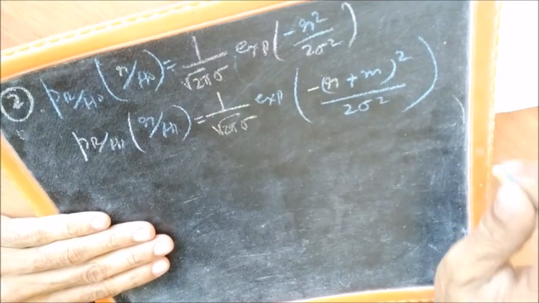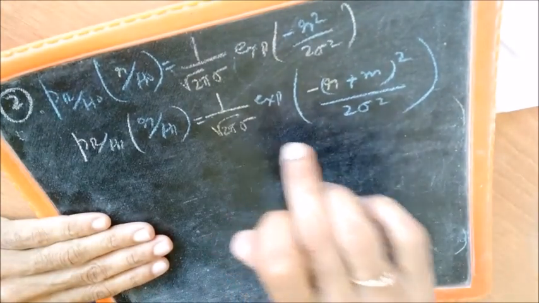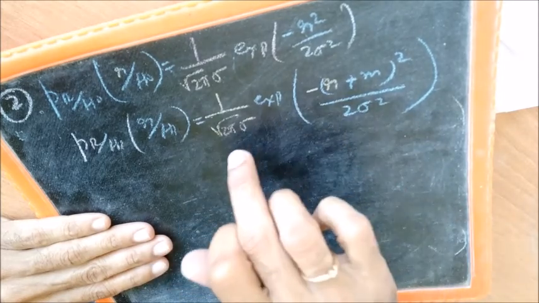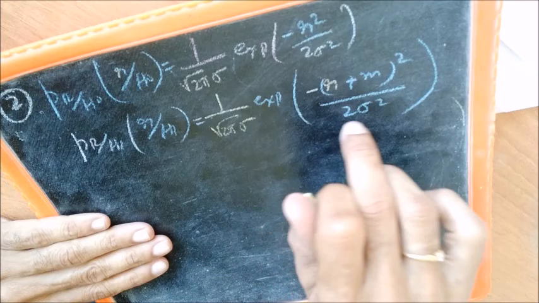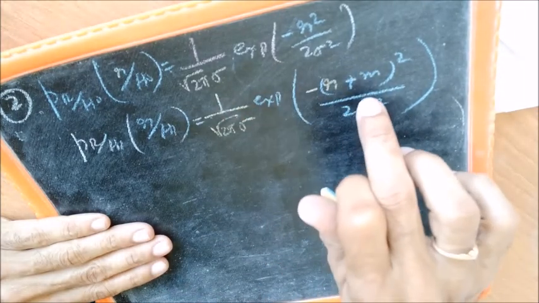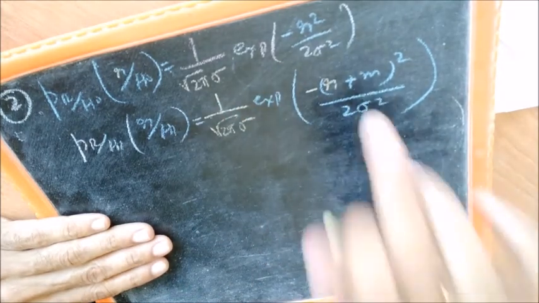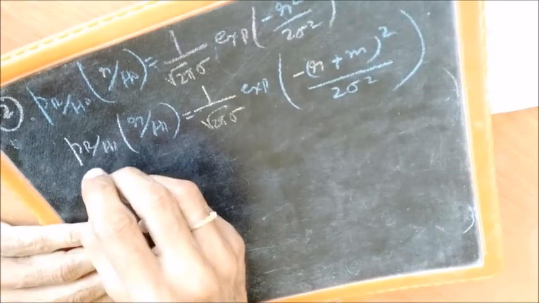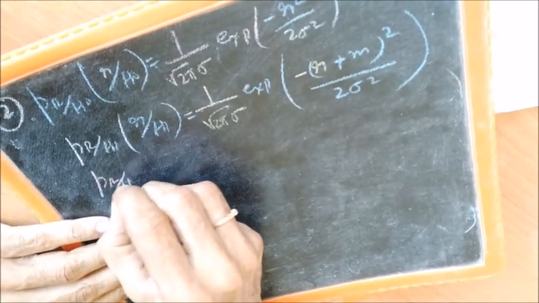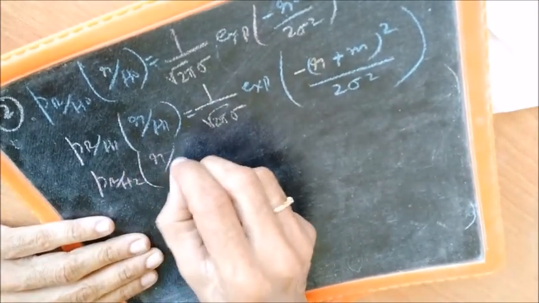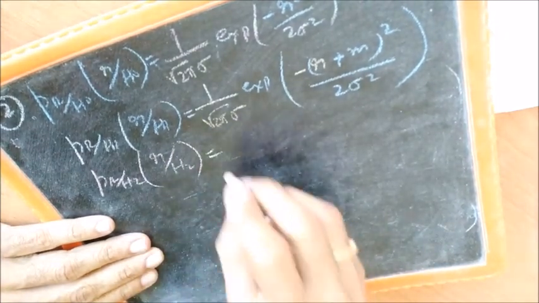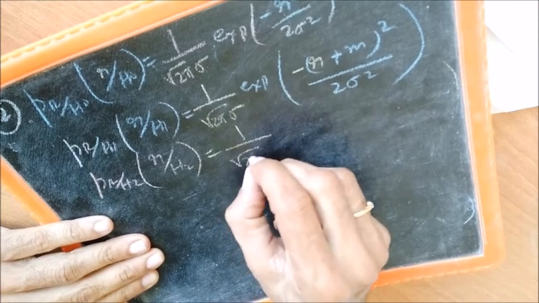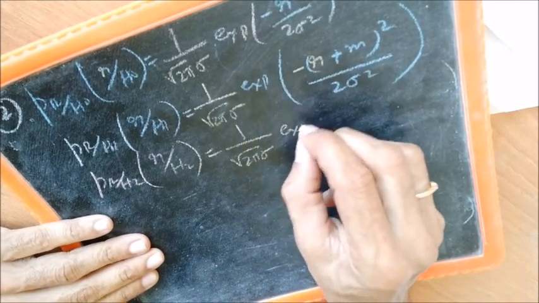So this is a Gaussian distributed random variable. That is, when H1 is true, what we receive is a Gaussian distributed random variable with mean minus m and variance sigma square. And finally, we are given the conditional density function of R given H2 is the true hypothesis as equal to this.